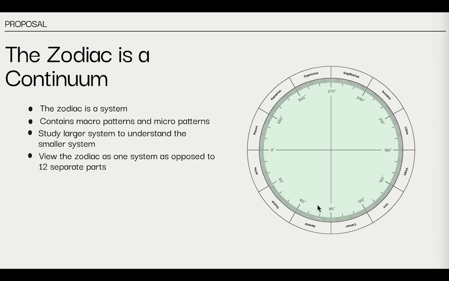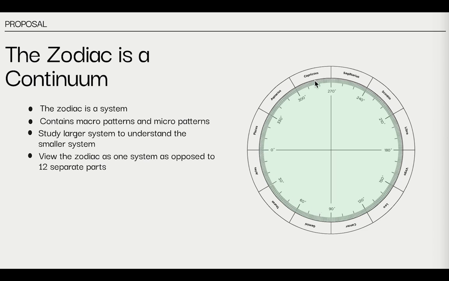Thinking of the zodiac circle in this way, we can break what I'll call a mental boundary. We can break the mental boundary that was limiting and restricting the zodiacal pattern application that ended abruptly at the 29th degree of each sign.